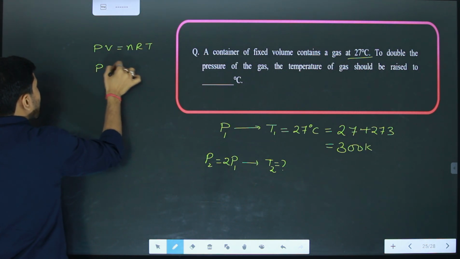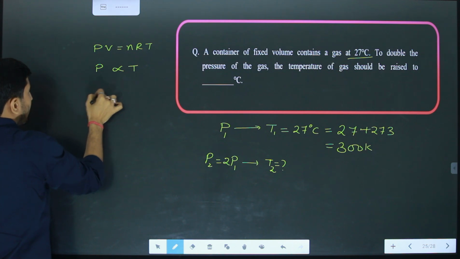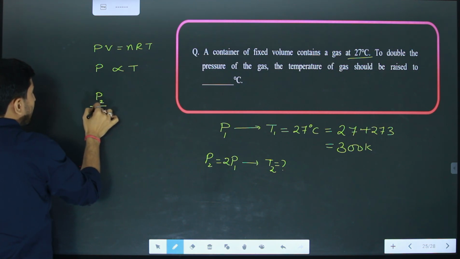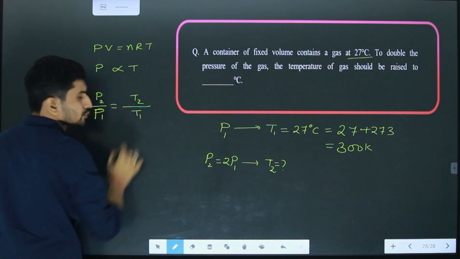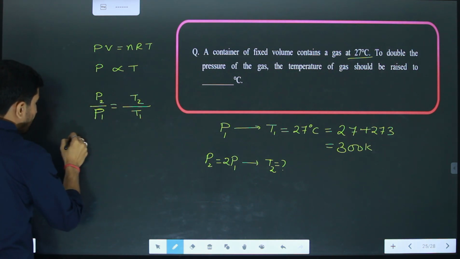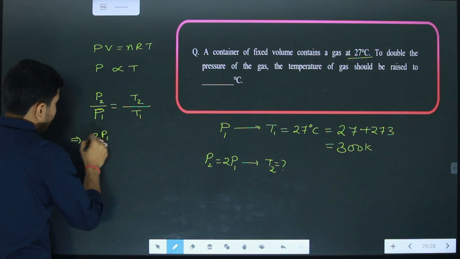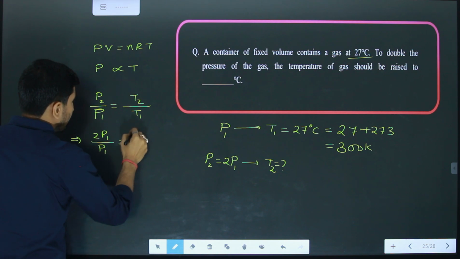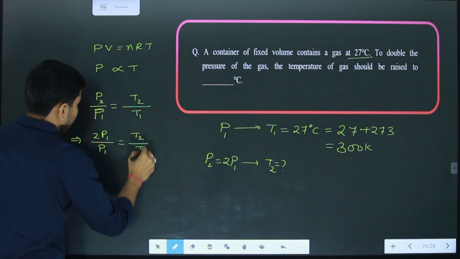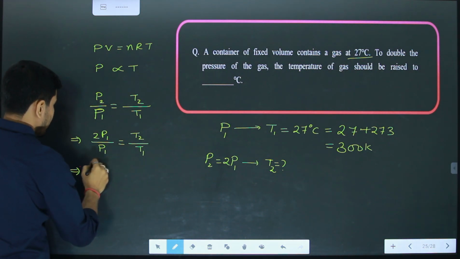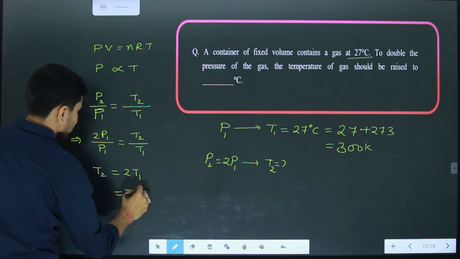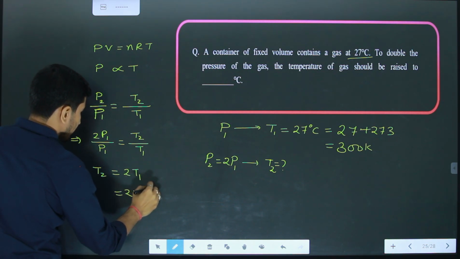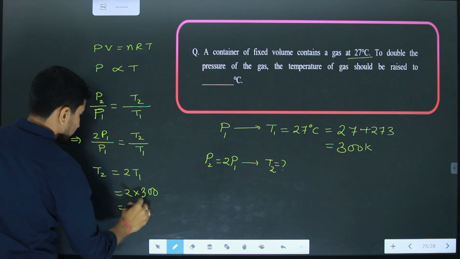So P is proportional to T. Therefore, I can write P2 divided by P1 equal to T2 divided by T1, right? Now put the value. This is 2P and this is P1 equal to T2 and this is T1. Or simply T2 is equal to 2 multiplied by T1. So this is 2 into 300, which is 600 Kelvin.